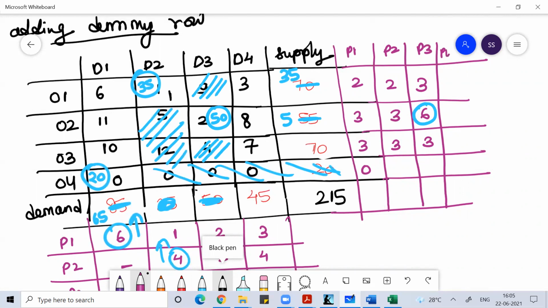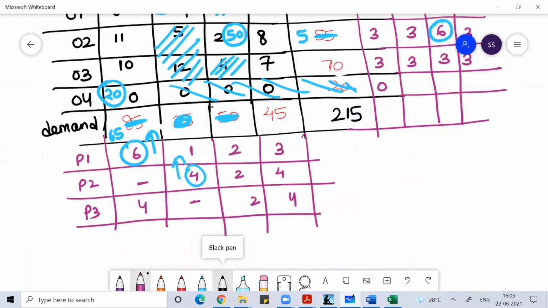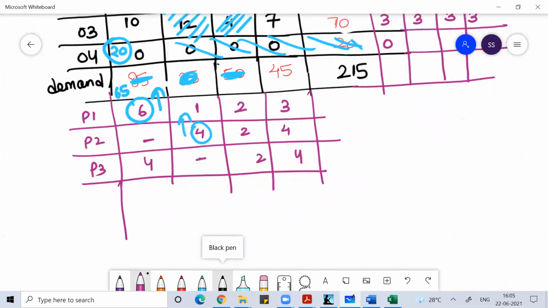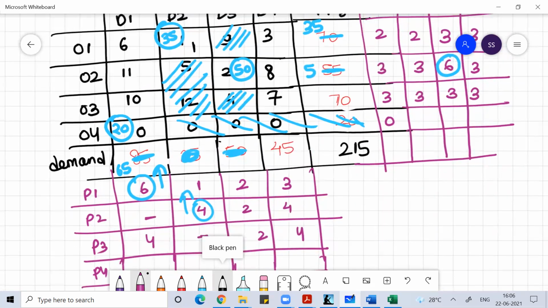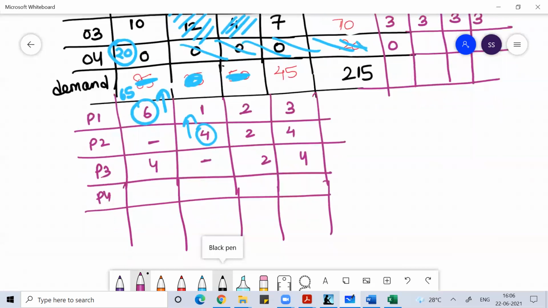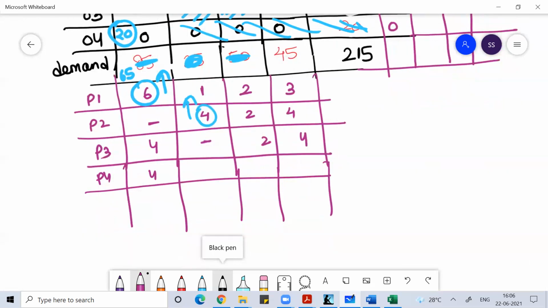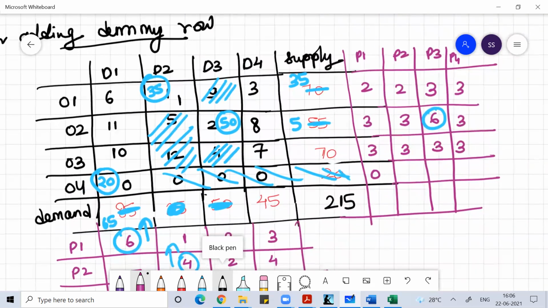So if I find penalty 4, this will be 3, 3, 3, 3. Penalty 4: this is 4, 10 minus 6, 4.